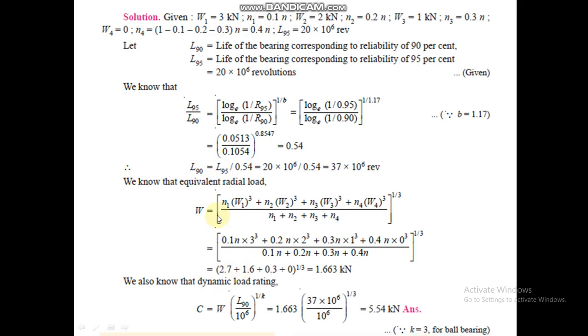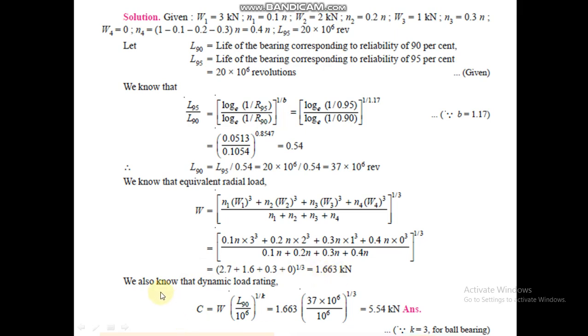So put the value of N1 as 0.1 N, W1 is 3, N2 is 0.2 N, W2 is 2, N3 is 0.3 N and W3 is 1, W4 is 0. So that term will be 0, divided by N1, N2, N3, N4, and raised to power 1 by 3. From this, we calculate W, that is, the equivalent radial load is 1.663 kilonewton.